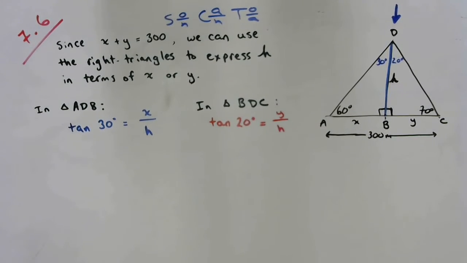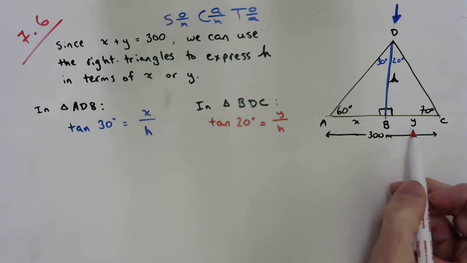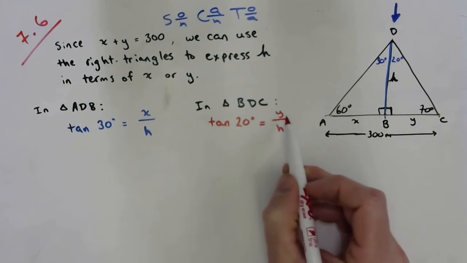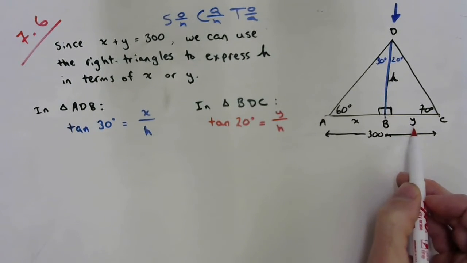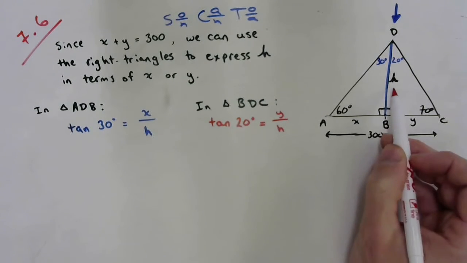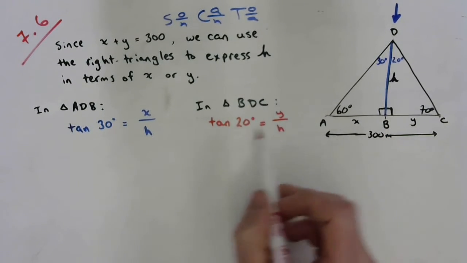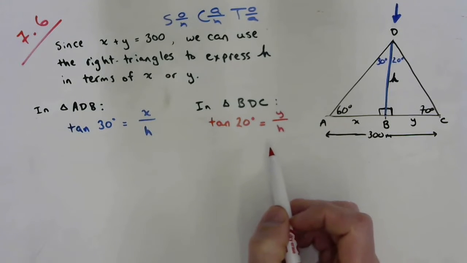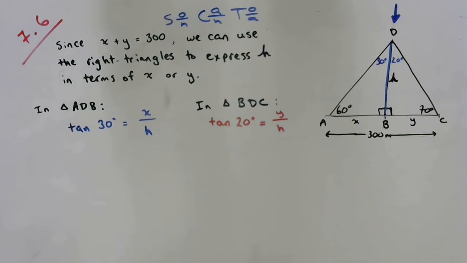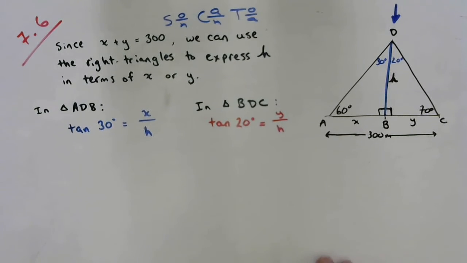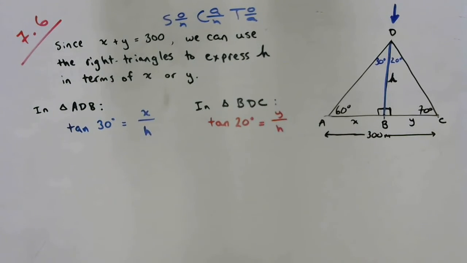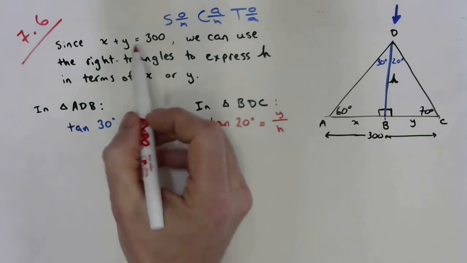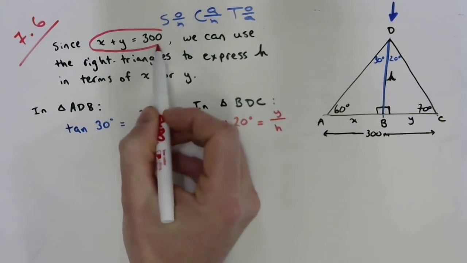Why is it y over h? Opposite over adjacent. Do I know what y is? No, not yet. Do I know what h is? No, not yet. So you can still see how in both of these equations I'm actually missing two pieces of information. We think that we can't solve things if we only have one out of the three pieces of information. But we do have enough to create an expression that will allow us to solve it, because at some point we're going to come back and use this information.